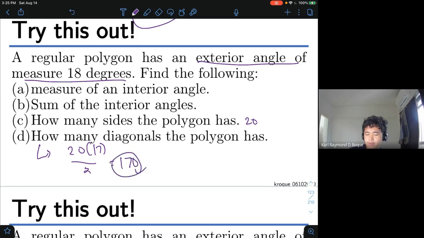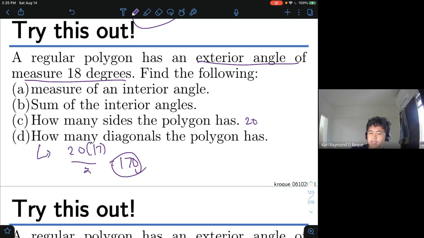170. Pero sige, paano ba? Hindi, joke lang. Wag na. Kalimutan ko rin kung paano eh. Tapos, how many diagonals does the polygon have? 170.